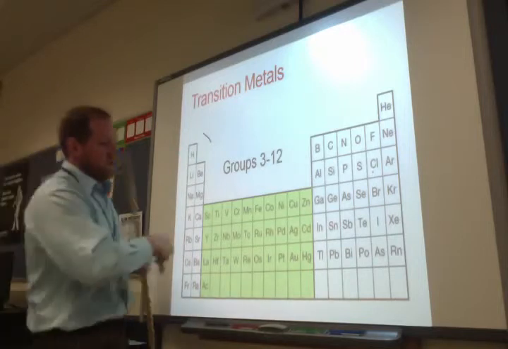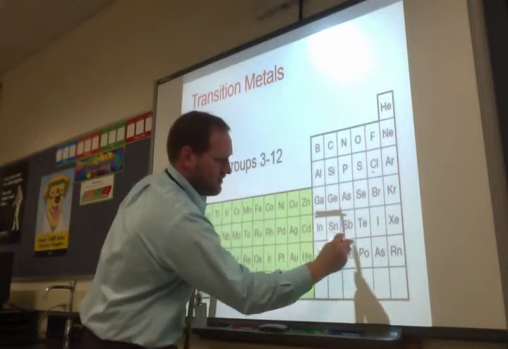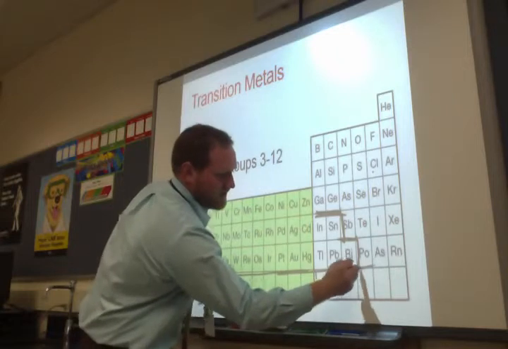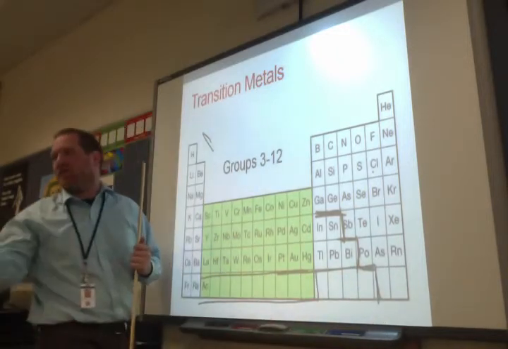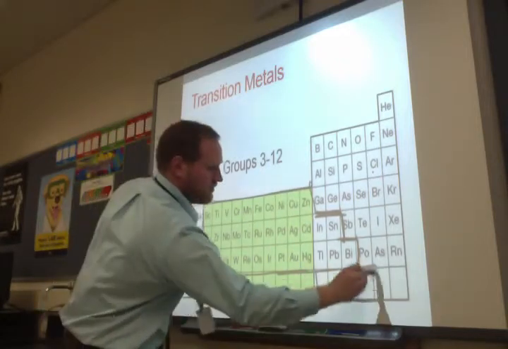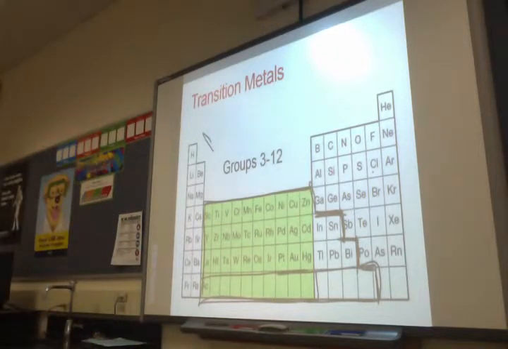Oh, I can. And technically, it does cover these 2 down here if you want, but we're never going to deal with those. So those are our transition metals. So juniors watching, make sure you fill those in too on your periodic tables.